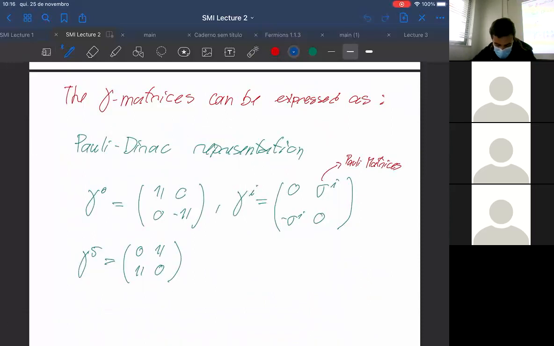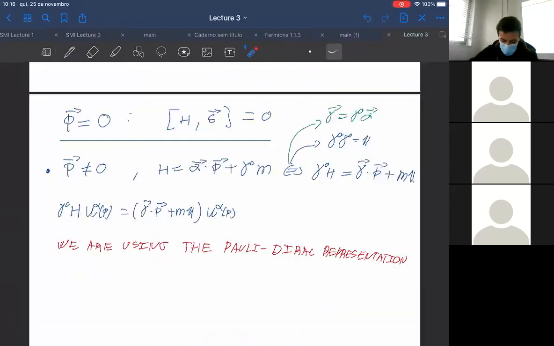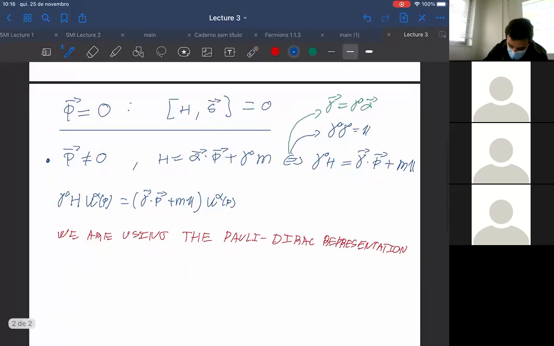This is the Dirac representation. The important thing to bear in mind is this minus here, so this is 1 minus, and also we have this minus sigma in the lower component. So when we come to the Dirac equation, we can rewrite it as follows: a matrix with E times the identity, 0, 0, and minus E times the identity.